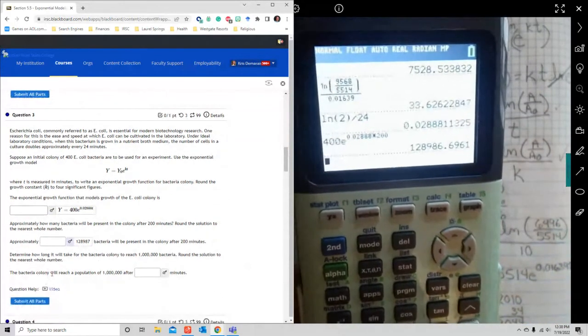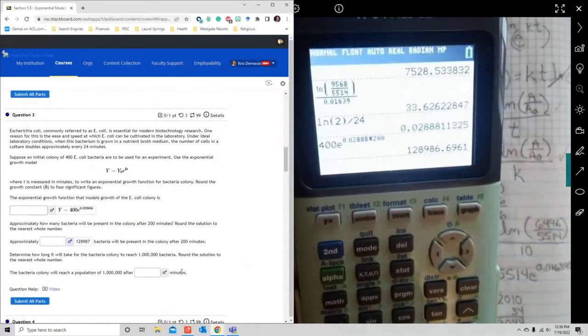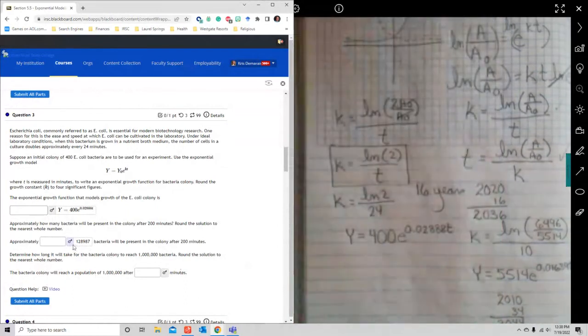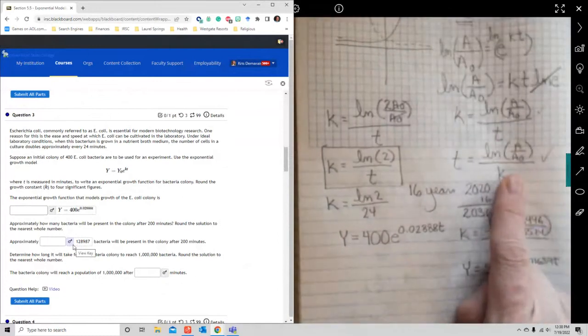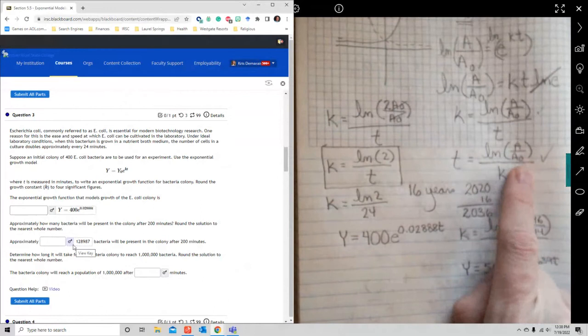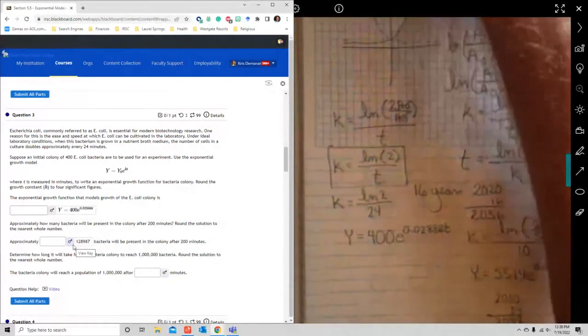Now it says the bacteria colony will reach a population of 1 million after blank minutes. So they're asking us to find t again. The initial is 400 and the projected value is 1 million.